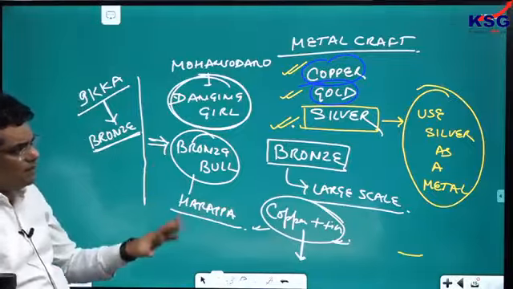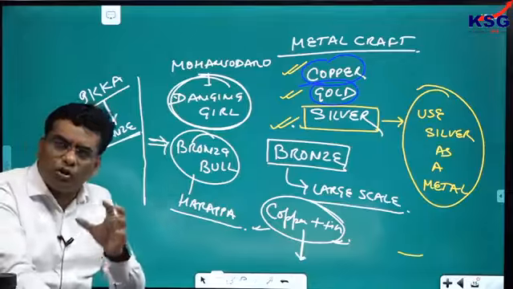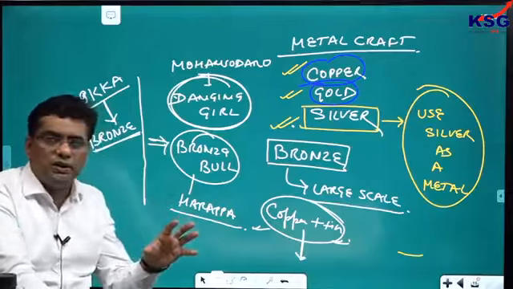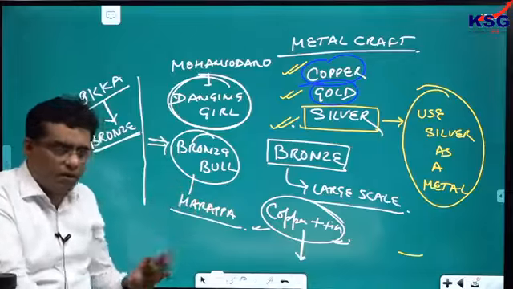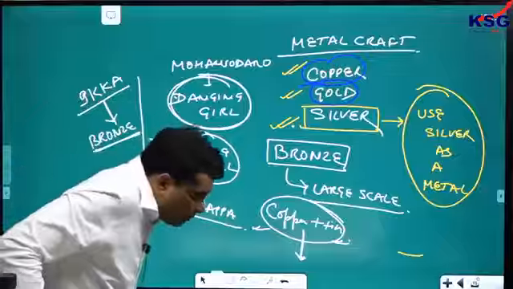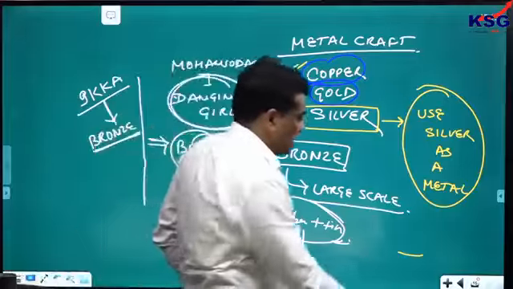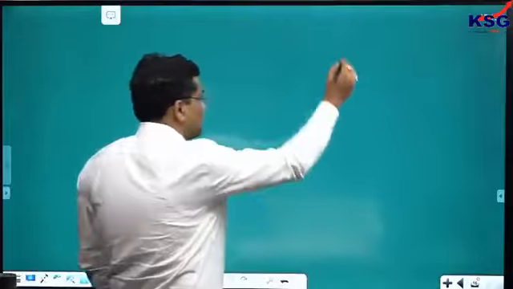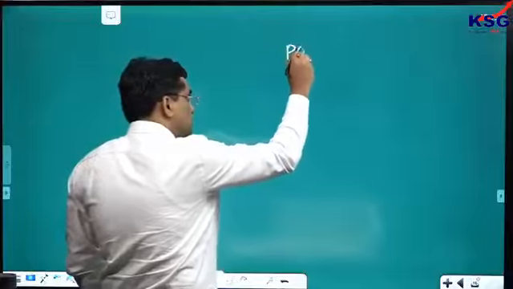Other than that, the common people also had crafts like pottery. They made bricks. So look at the design of the pottery. They had very excellent design. Pottery of the Harappan civilization.